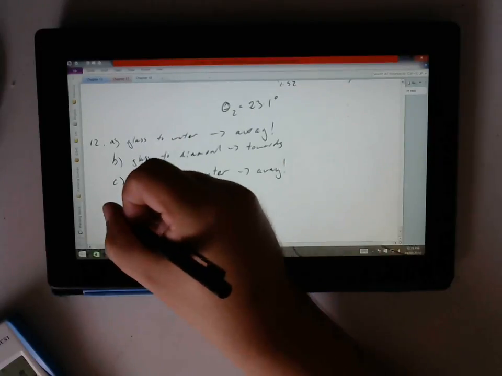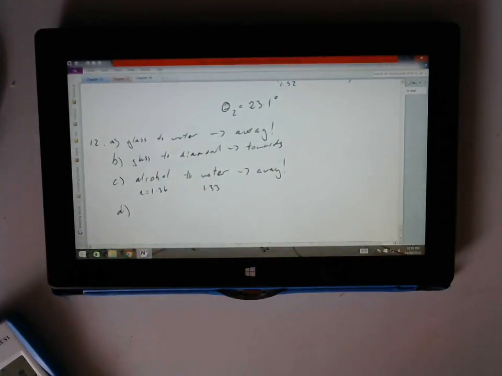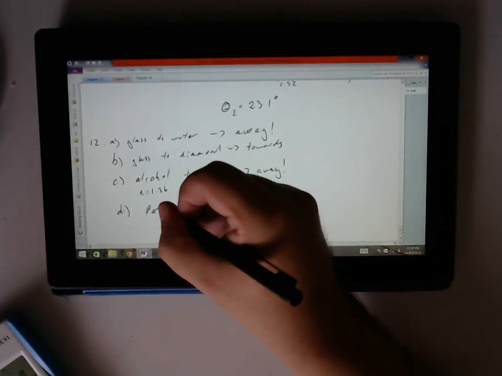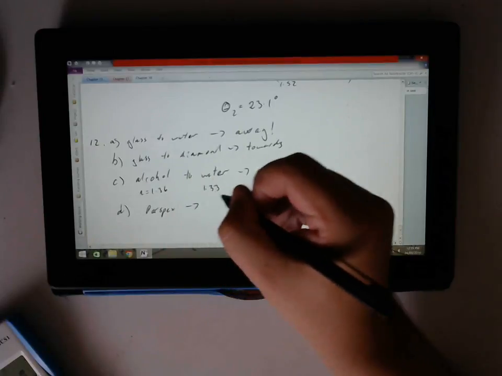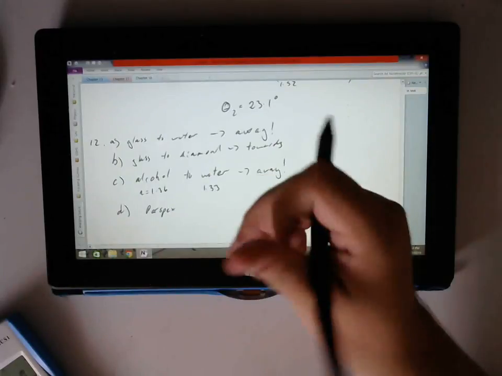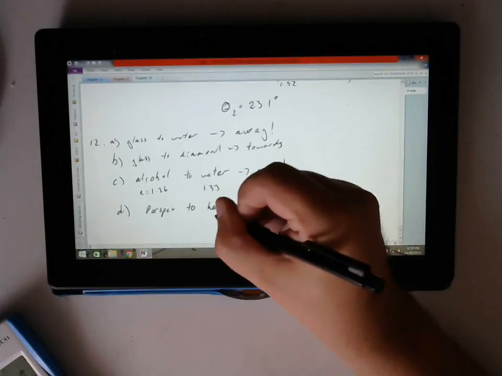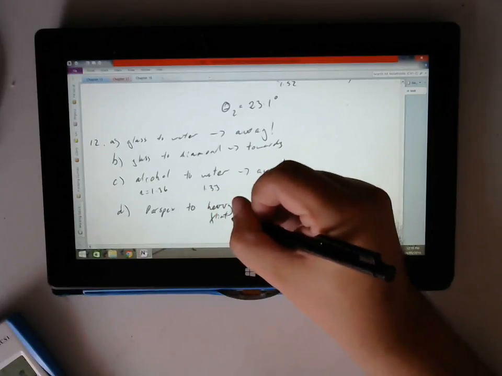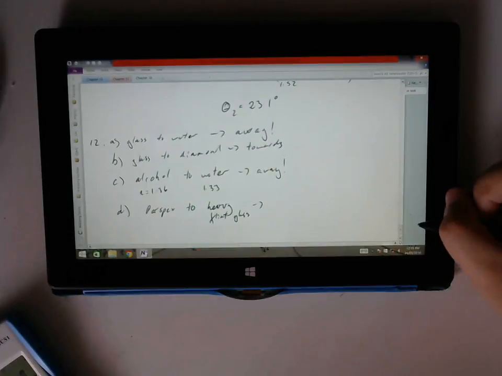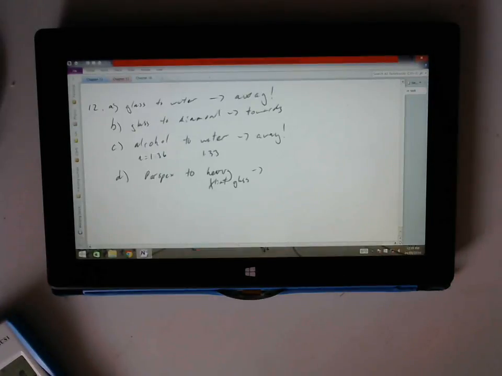And D, perspex to heavy flint glass. Okay, let's hang on, I've just scrolled here. Perspex to heavy flint glass.